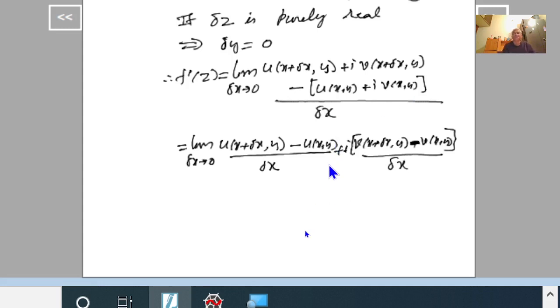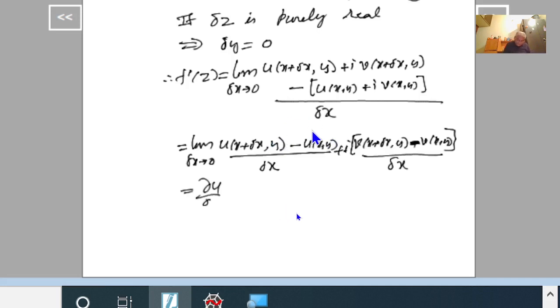See here, this is the difference of u. The change is only in x, not in y, so y is fixed. That means u of x plus delta x comma y minus u of x comma y divided by delta x, as delta x tends to 0, is nothing but the derivative of u with respect to x, treating y as a constant.